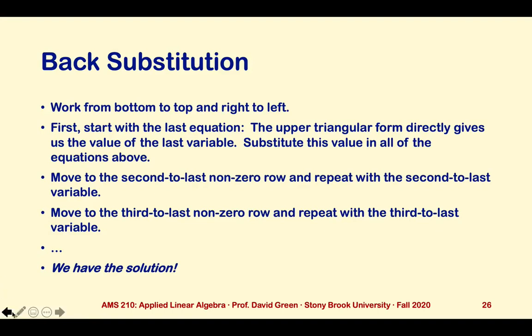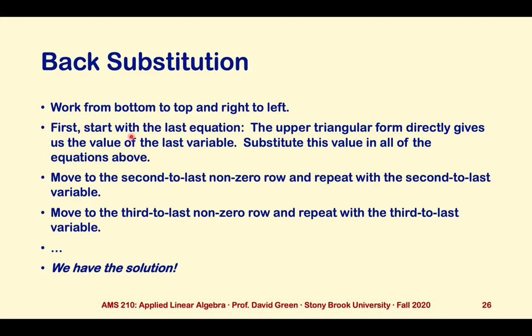In the same way that with forward elimination, we started at the top with the first equation and shifted our attention left to right, moving through the system as we move downward, back substitution starts at the bottom, moves bottom to top, and our attention shifts from right to left. We start with the last equation, and the upper triangular form gives us the value of the last variable.